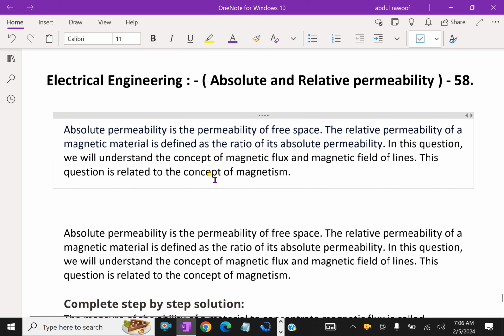For example, a bar of a magnetic material, say iron, is placed in a uniform field of strength H Newton per Weber.